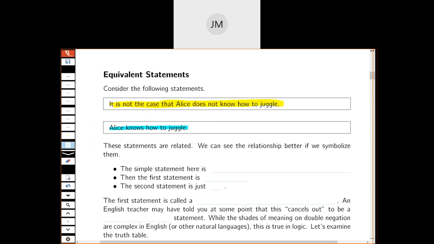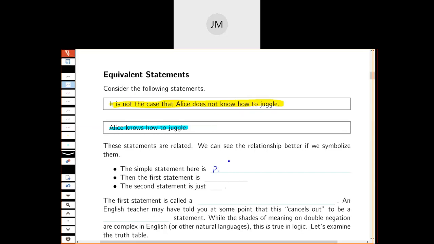So if we were to write these down and symbolize them, for the first statement, I could say the simple statement here is P. And remember, when we make our simple statements, we want to make sure that they are positive. So if I'm going to write down P, I'm not going to use the nots in there.